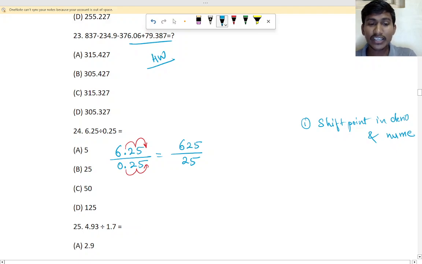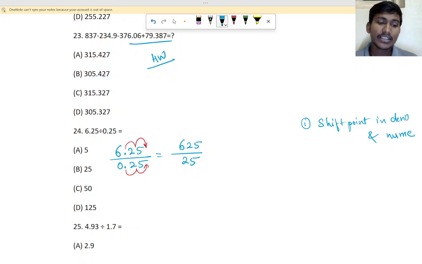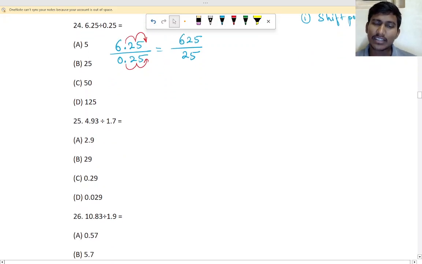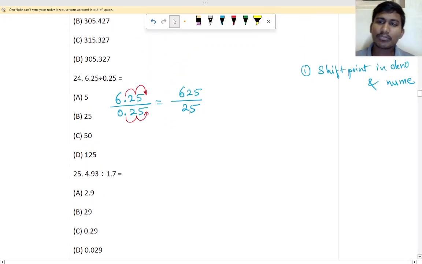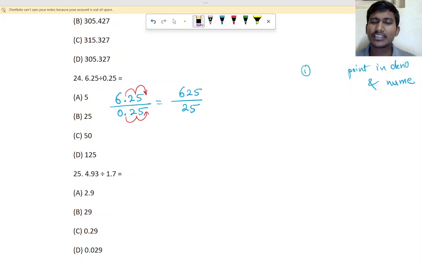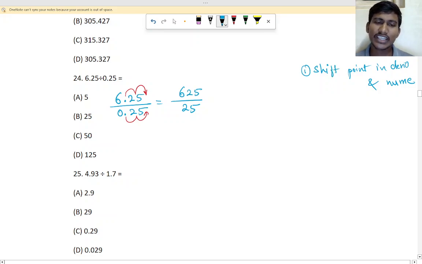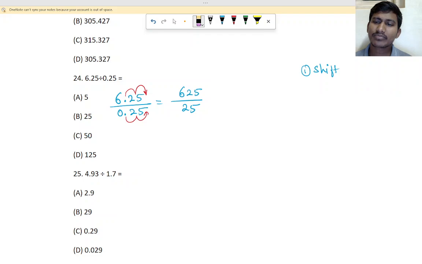Okay, so see here, I will tell. We have to shift the point. Shift the point in the numerator also and the denominator also. So first we should shift in the denominator, then the numerator. Understand?